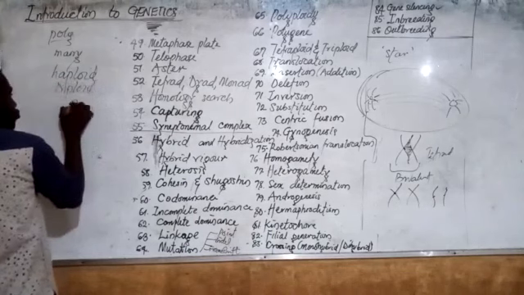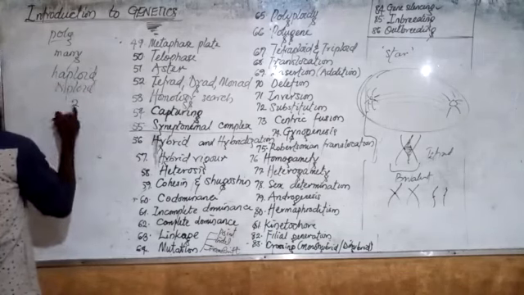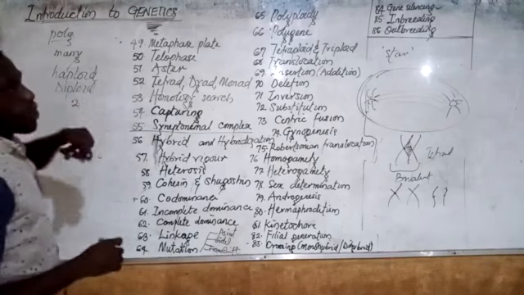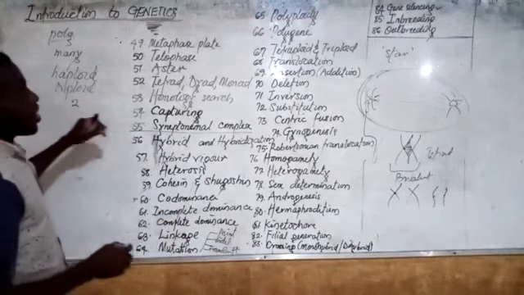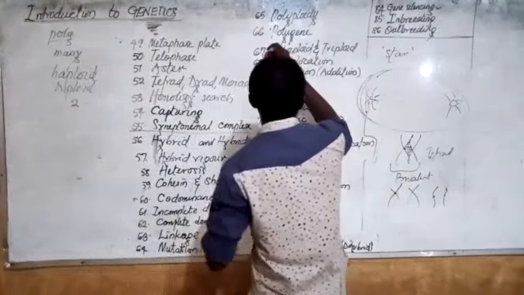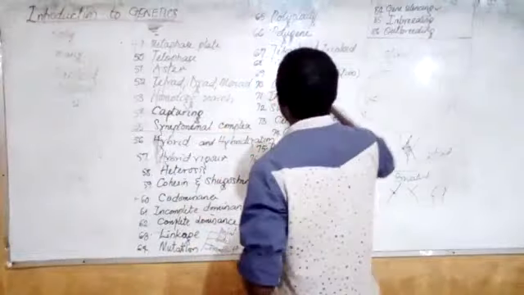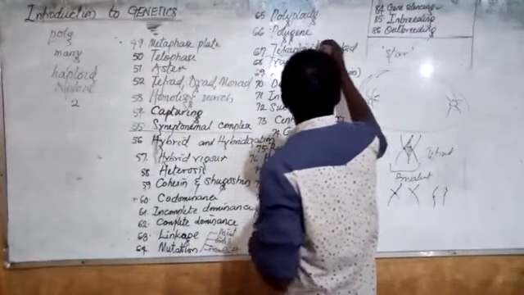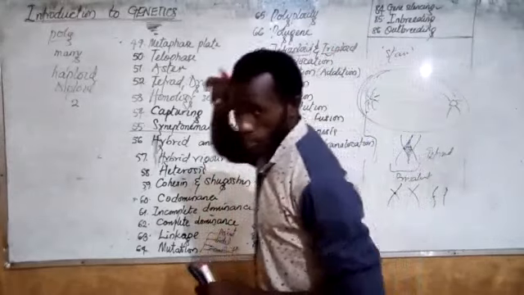Diploid means 2 chromosome sets. Then polyploid will mean more than 2. And it could arise as a result of different reasons. So let's just treat this together. If you have 4 sets of chromosomes, it will be called tetraploid. Then if you have 3 sets of chromosomes, that will be called triploid.